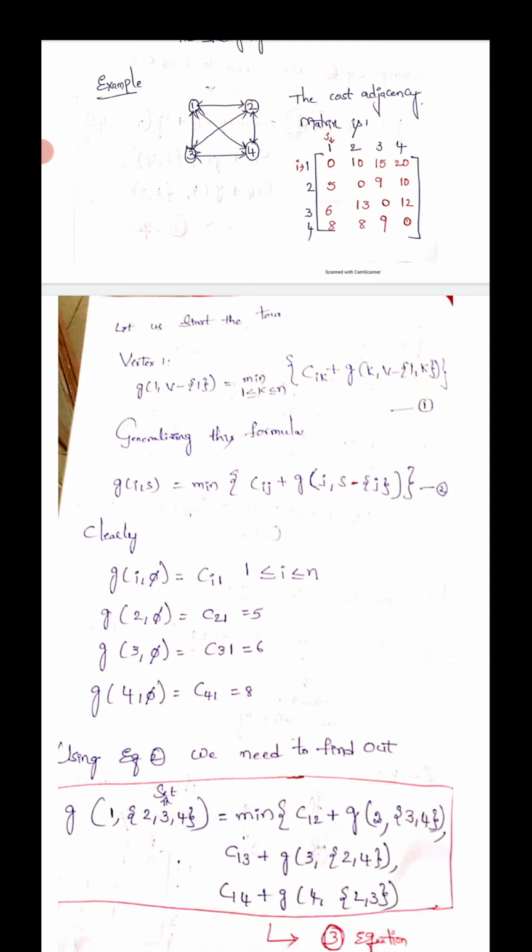Let us consider this: g(2, ∅) is assigned c_21, where i is 2 and j is 1.